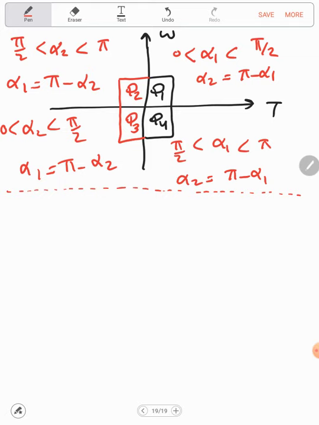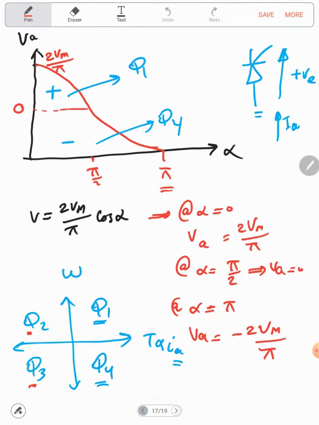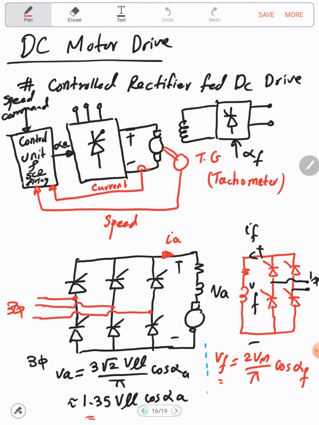If the supply is DC, in this case I cannot use a rectifier, because the rectifier will convert AC power to DC power. So this is AC power and this is DC. That's why here we will use a rectifier.